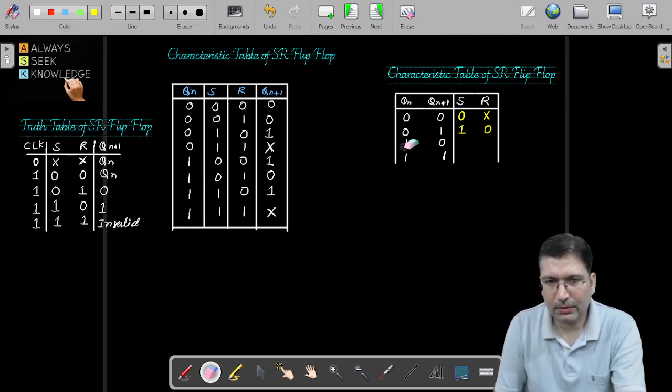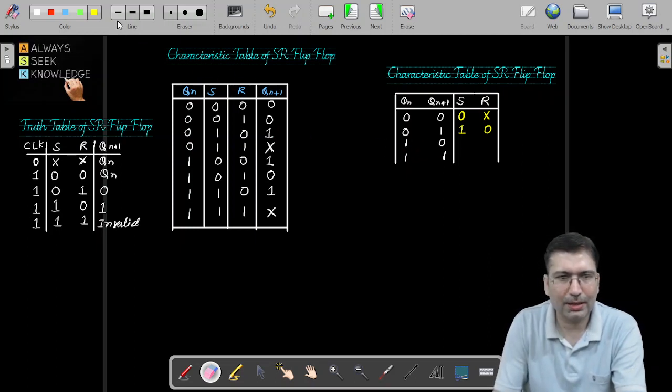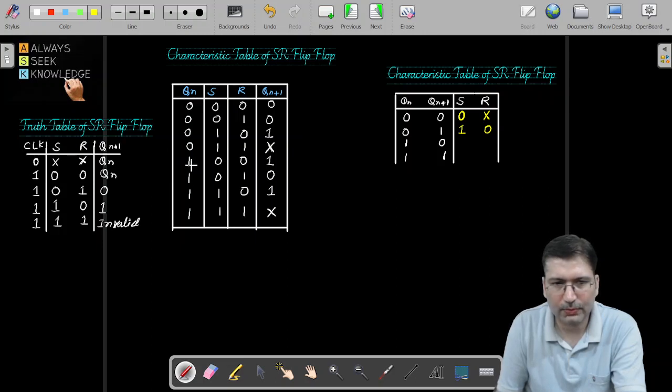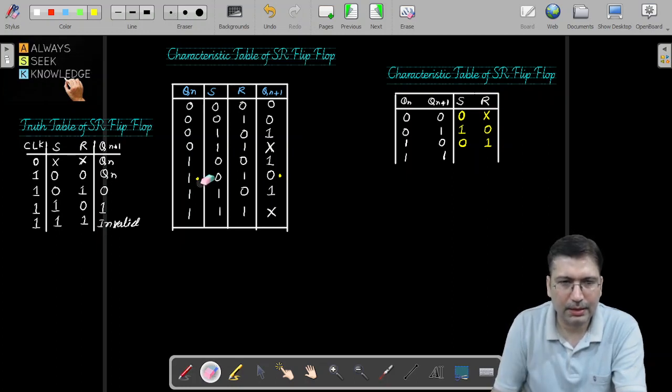The third scenario is 1 0. So when Qn is 1 and Qn plus 1 is 0. Is there any other combination? No such combination. So S will get value 0 and R will get value 1. So it is possible when S is 0 and R is having value 1.